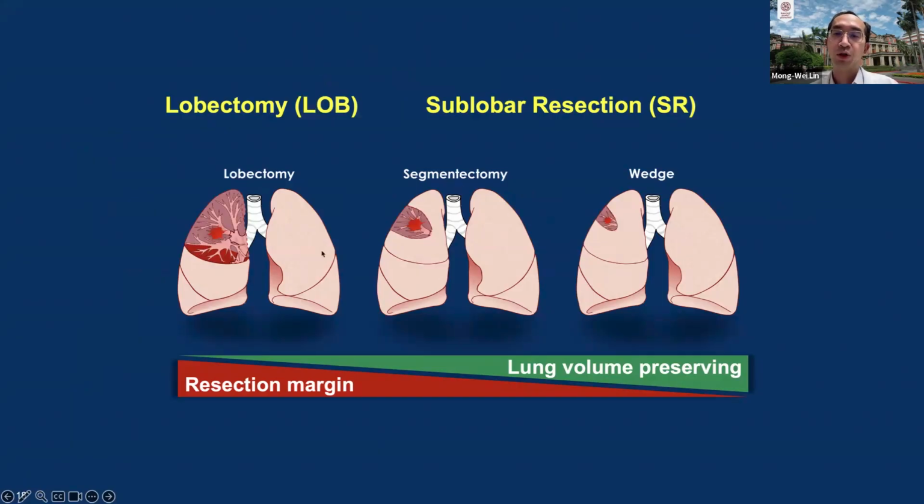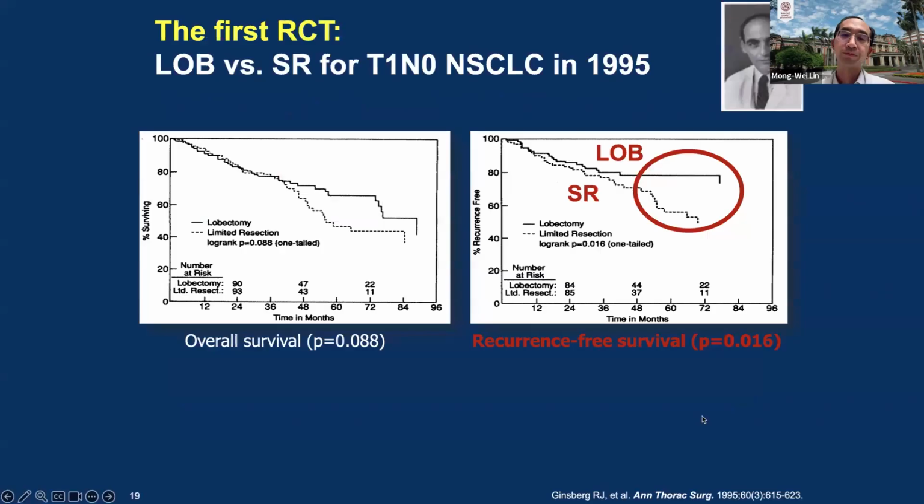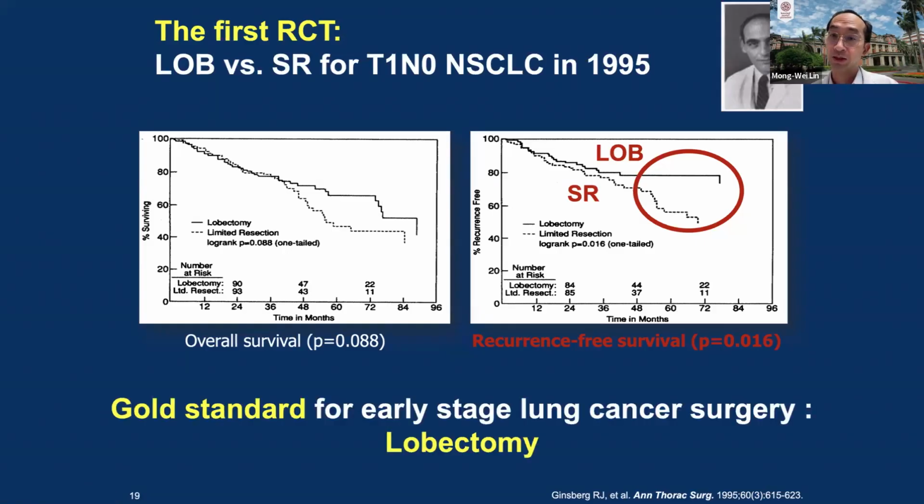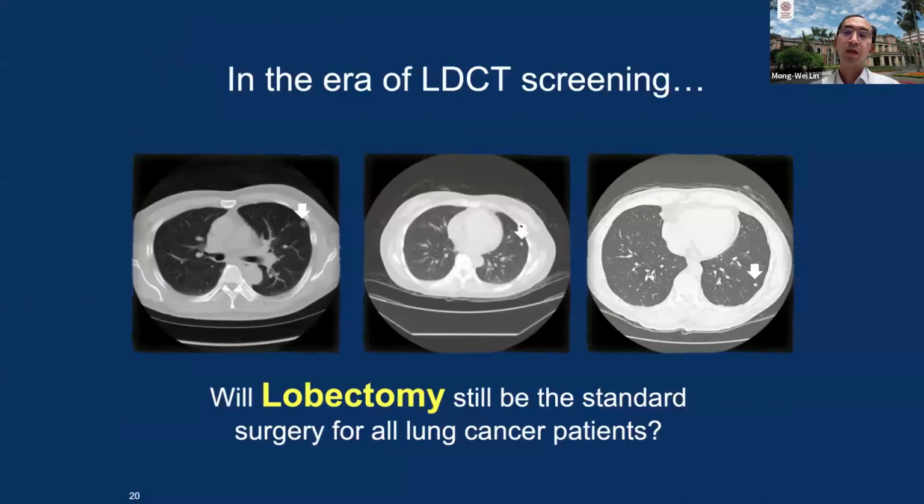Lobectomy usually provides a wide resection margin, whereas sublobar resection can preserve more lung parenchyma and lung volume. Regarding the choice between these two procedures, after the landmark RCT by Ginsberg in 1995, lobectomy became the gold standard for early stage lung cancer for the next 2 decades.